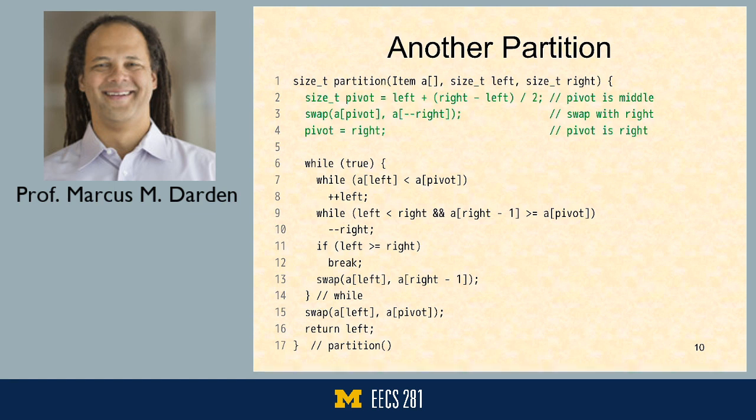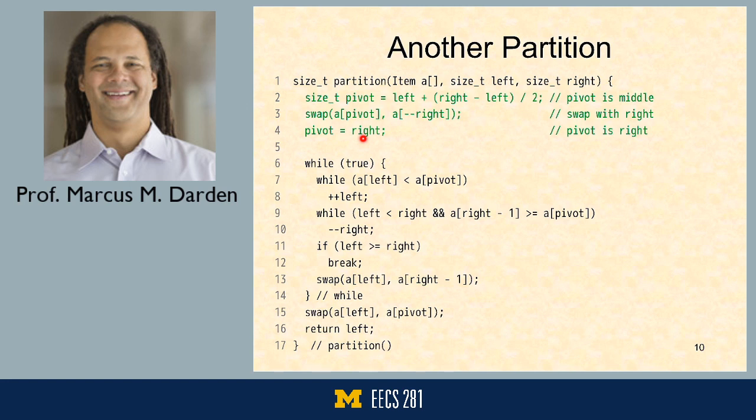But if you want to use a value that's not the value from the right, you can see that lines 2 and 3 do something: first, let's find the item in the middle of the range, and then we'll swap it to the end of the range so that we can behave as we did previously. So this sets the pivot up to be that last thing again.